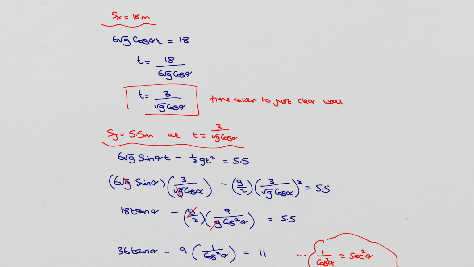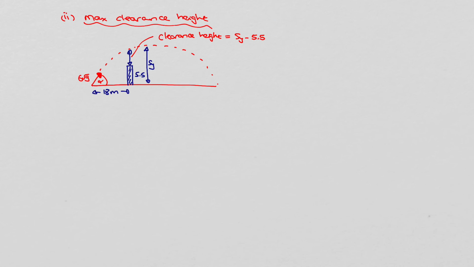So we know our time taken to clear the wall is 3 over root g cos alpha. So basically, if I work out what is SY at this time, well, we know that SY is 6 root g sine alpha t minus a half g t squared.